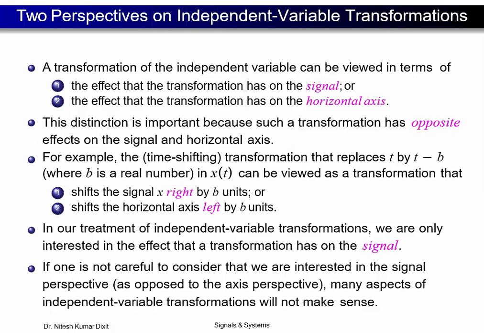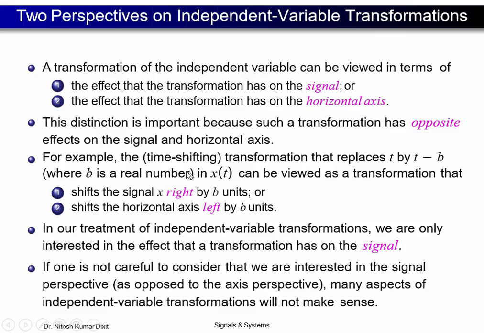Here are two perspectives on independent variable transformation. A transformation of the independent variable can be viewed in terms of the effect the transformation has on the signal, or the effect the transformation has on the horizontal axis. This distinction is important because such a transformation has opposite effects on the signal and the horizontal axis.